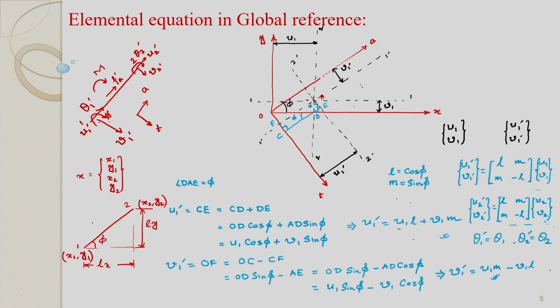This is the length of the element LE. So, this cos phi, L, can be obtained from Lx by Le, and M can be obtained from Ly by Le.